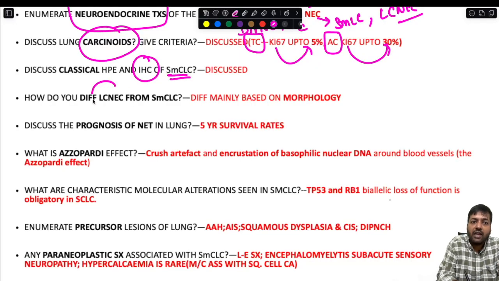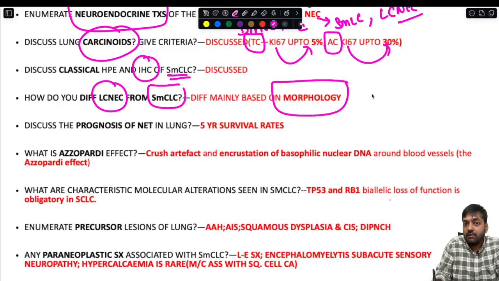Discuss the classical histopathological features and IHC markers for small cell lung carcinoma, already discussed. How do you differentiate a large cell neuroendocrine carcinoma from small cell carcinoma? Remember, the differentiation is based on morphology alone, because IHC cannot help.